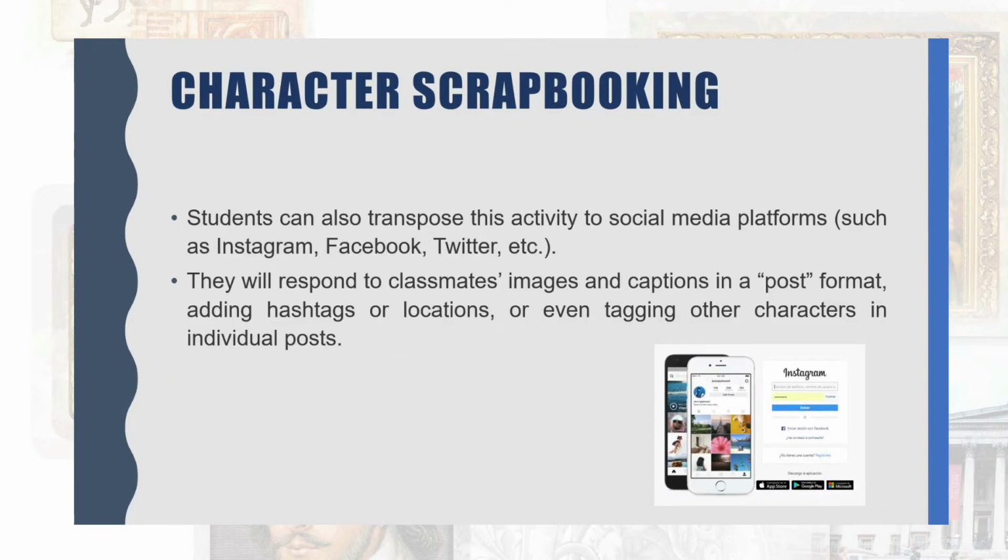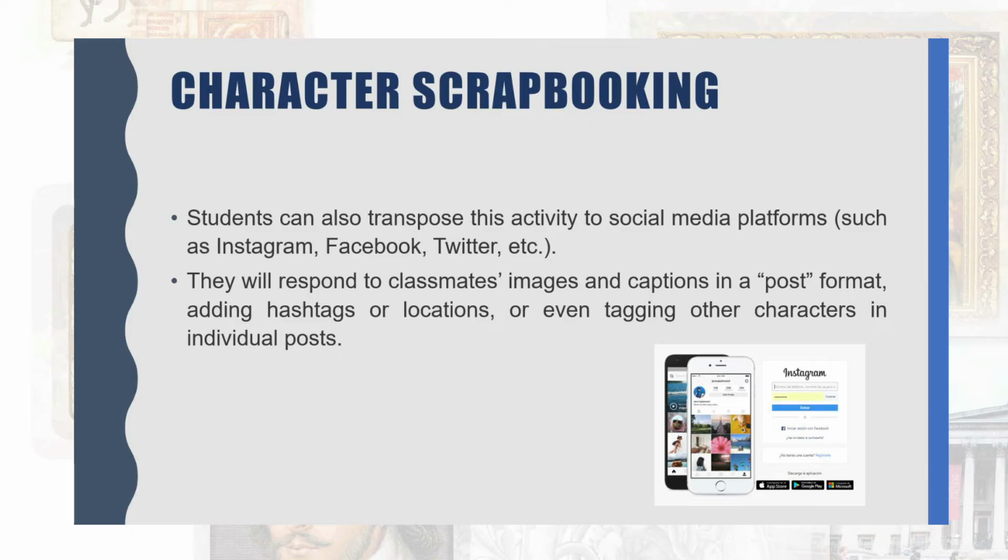You could also transpose this activity to social media platforms such as Instagram or Twitter. And students could then respond to classmates' images and captions in a post format, maybe adding hashtags or locations, or even tagging other characters in individual posts.